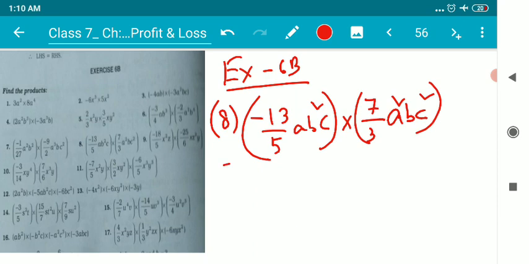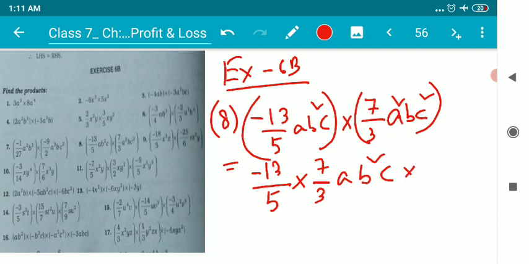Children, you might be thinking it's so difficult, how to solve it. I assure you it's very simple. I'll write minus 13 by 5, the numerical value, and 7 by 3 will be multiplied, and here it's a b square c into a square b c square.